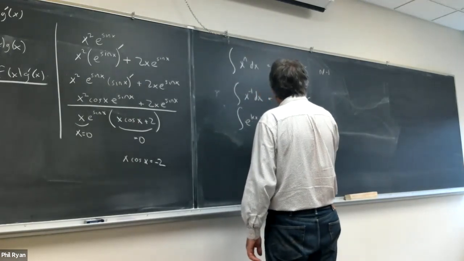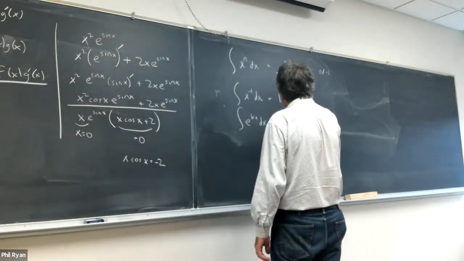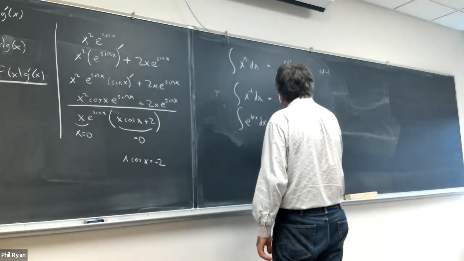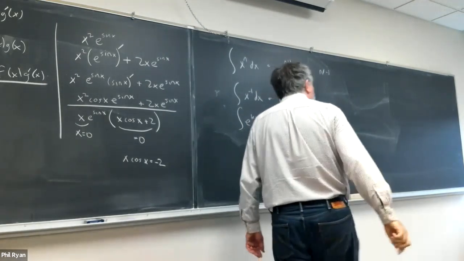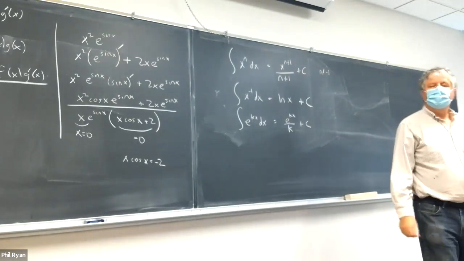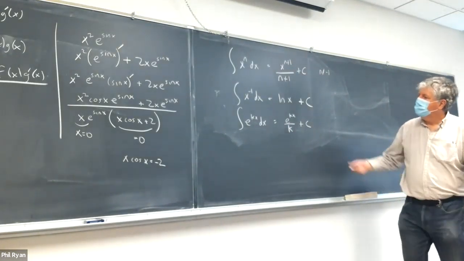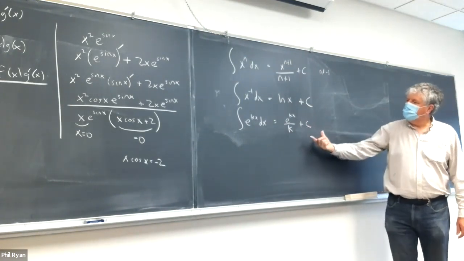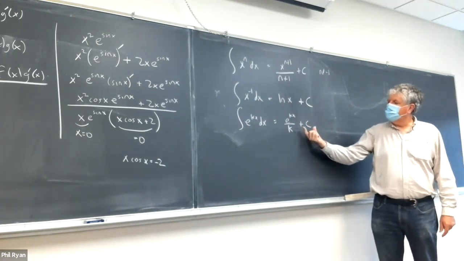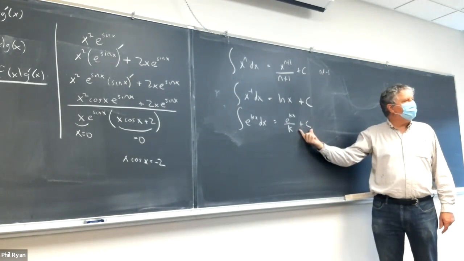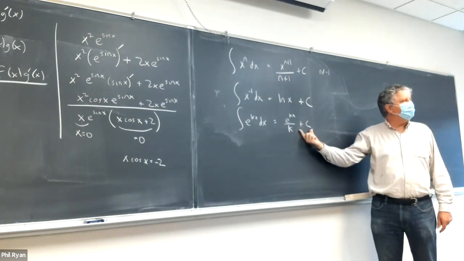For exponentials, this should make sense, right? Because when we take the derivative of this, what happens? The plus c disappears because the derivative of a constant is 0.